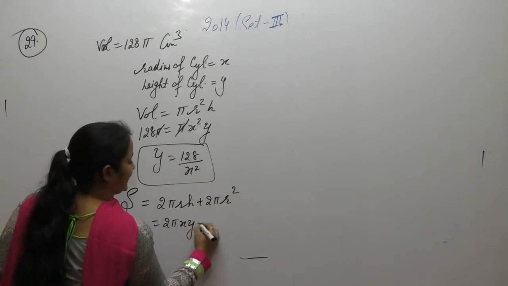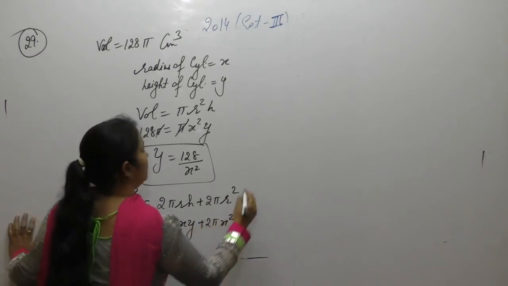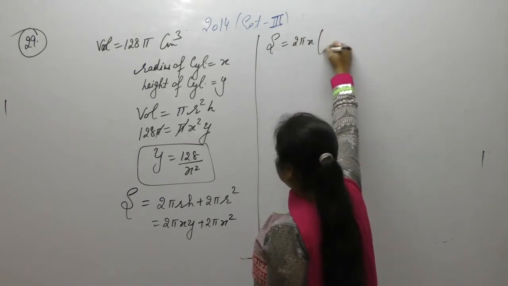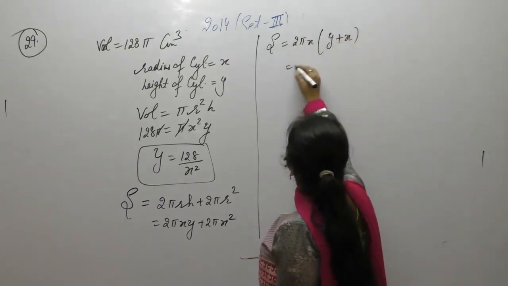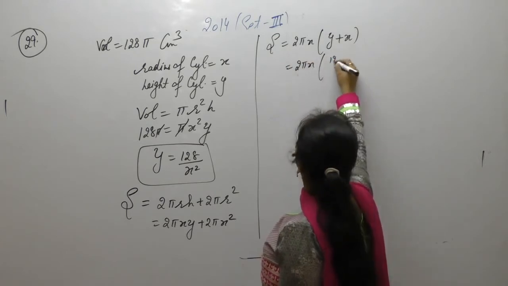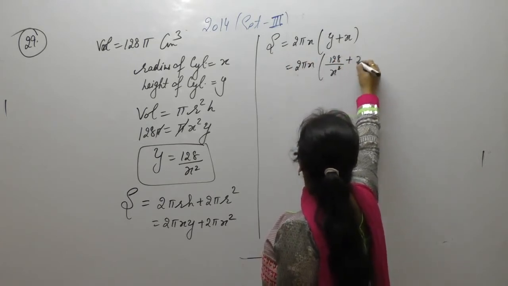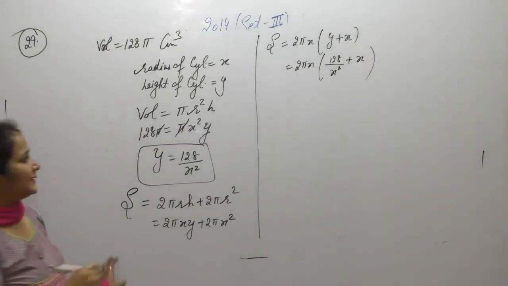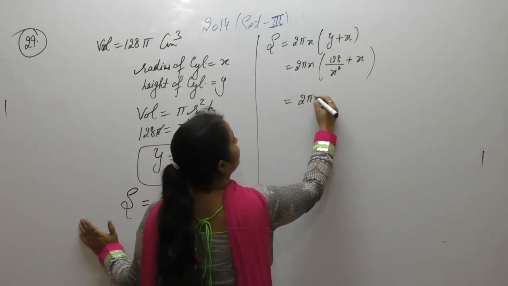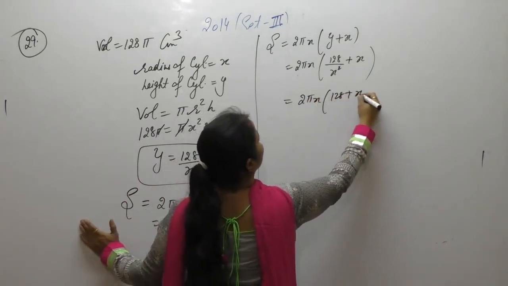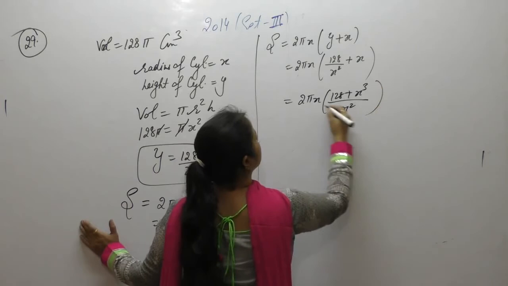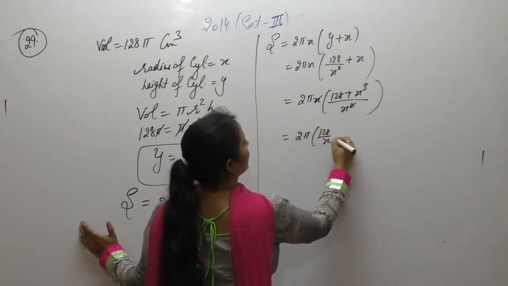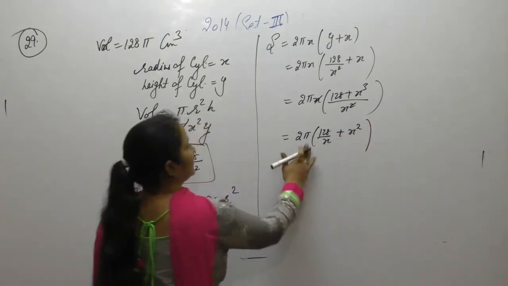Radius is x, height is y. So surface area is, take 2 pi x common, y plus x. Put the value of y here: 128 upon x square plus x. Take the LCM: 2 pi x times (128 plus x cube) upon x. So 2 pi times (128 upon x plus x square).